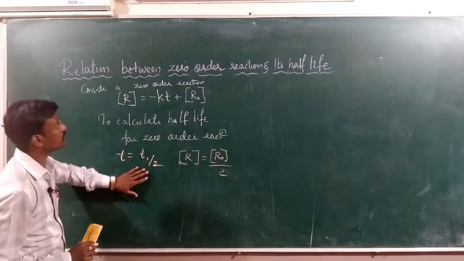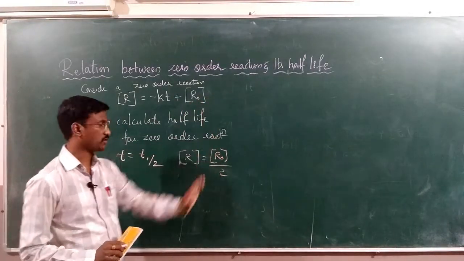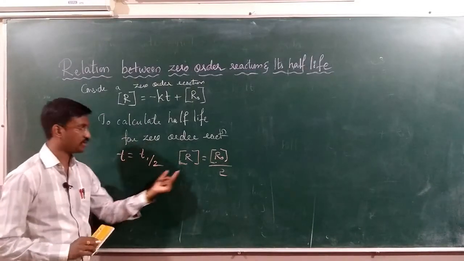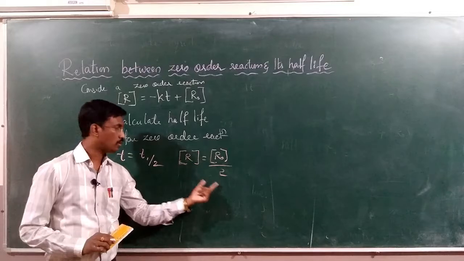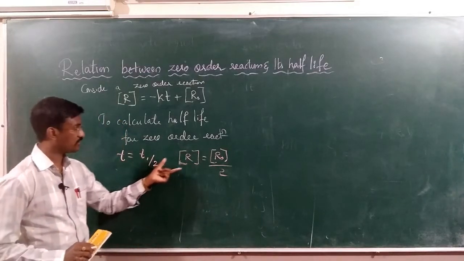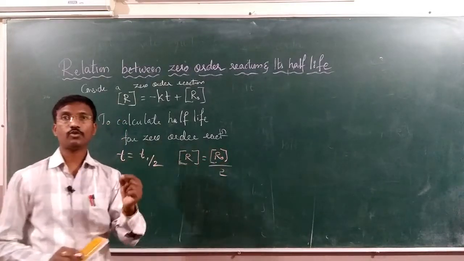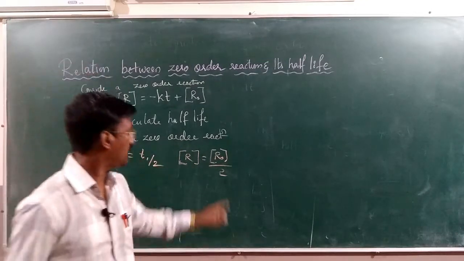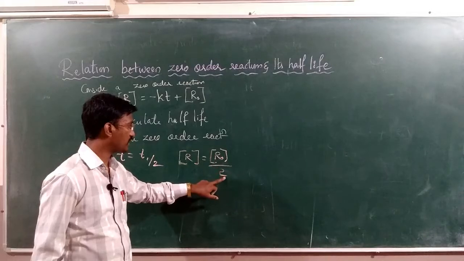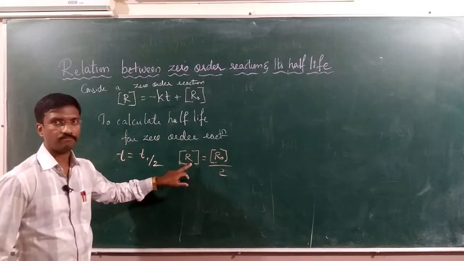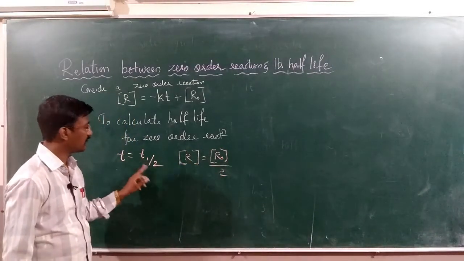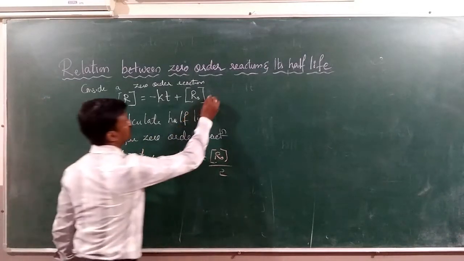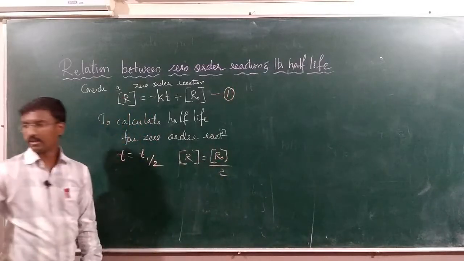So to calculate the half-life, we substitute t equal to t half, and at that condition R becomes R naught by 2, the initial concentration divided by 2. Therefore, we substitute these two values in equation number 1.